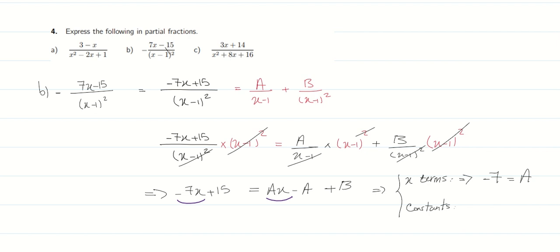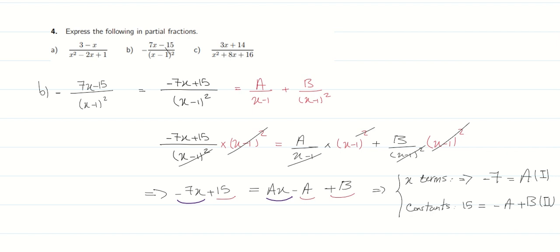Now looking at the right hand side, we have 15 as a constant, and we have negative a and plus b. So we can say that 15 from the left hand side should be equal to minus a plus b. That one was my equation number 1, and this one is equation number 2. We have 2 equations and 2 unknowns, but in this problem, as you see in here, the value of a is already given.